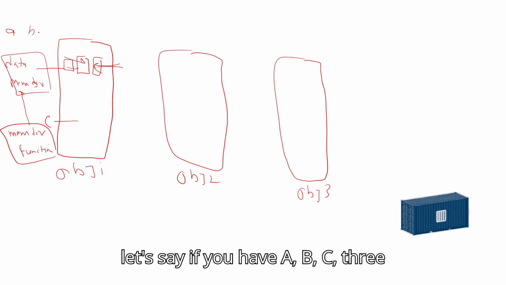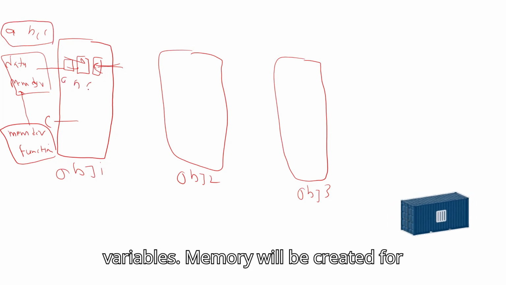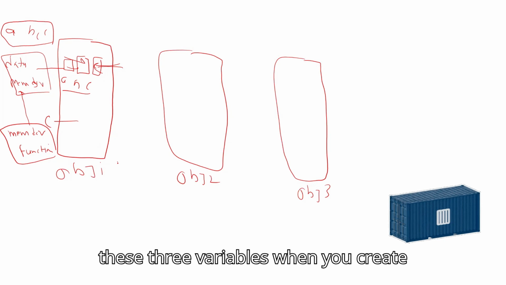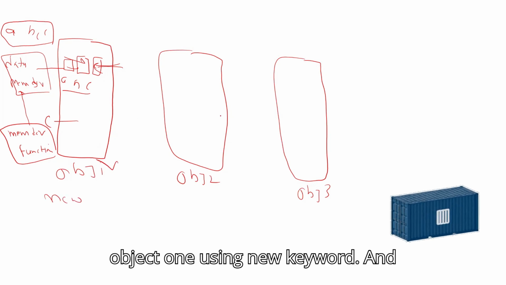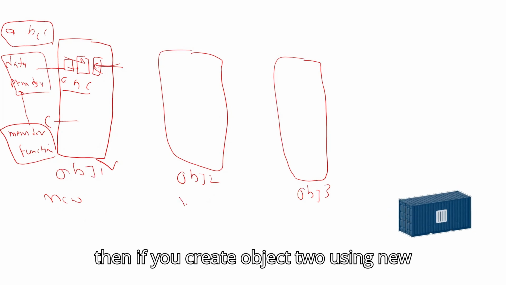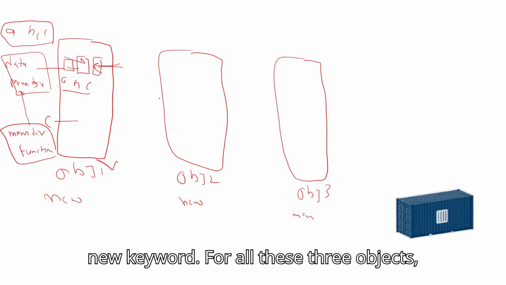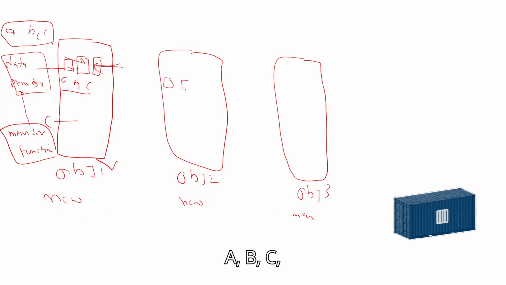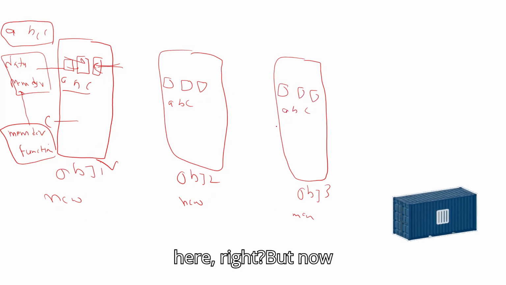If you have three variables A, B, C in your class template, then memory is created for these three variables when you create object one using the new keyword, and again for object two and object three.